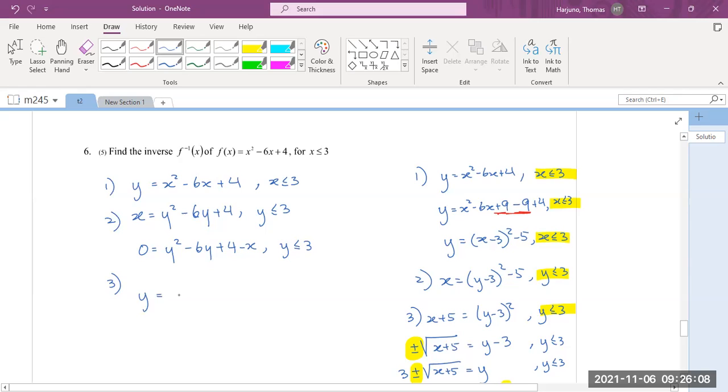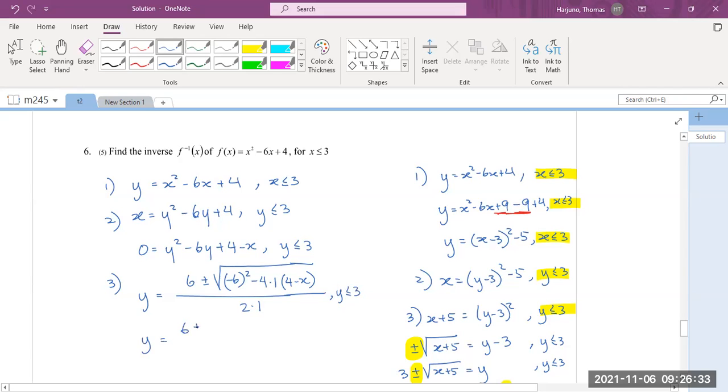y equals negative b plus or minus the square root of b squared minus 4ac, over 2a, for y less than or equal to 3.